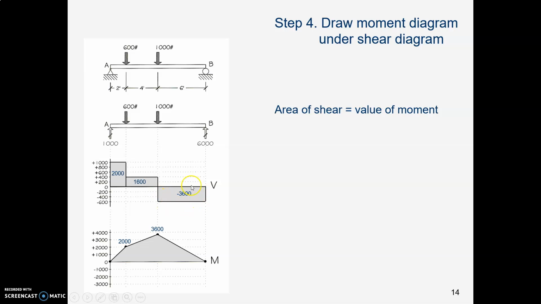Then in this last chunk of the graph, we have an area that is negative 600 pounds times 6 feet. That gives us negative 3,600 foot-pounds. So in our moment graph, we'll come from 3,600 down negative 3,600, and that brings us back to 0.